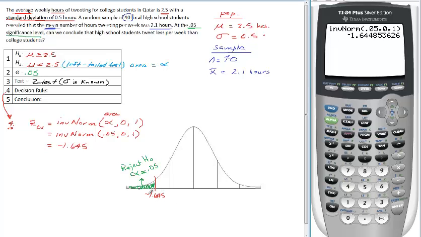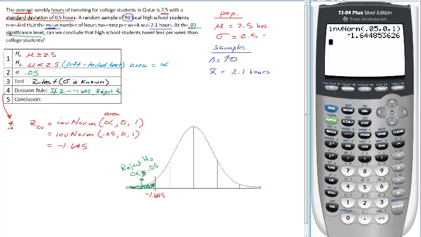If our value is less than negative 1.645, we are going to reject. So if the z-test we run, we're going to run the z-test in a minute, if that z-test value is less than negative 1.645, the critical value, then we're going to reject H0, because that's our decision rule.